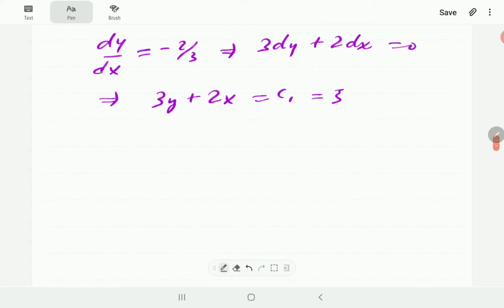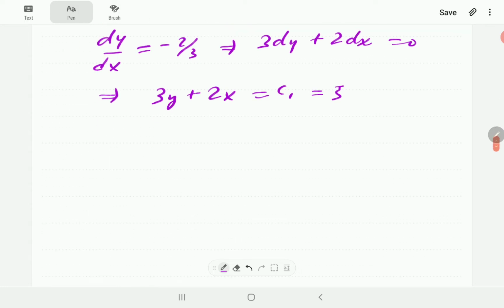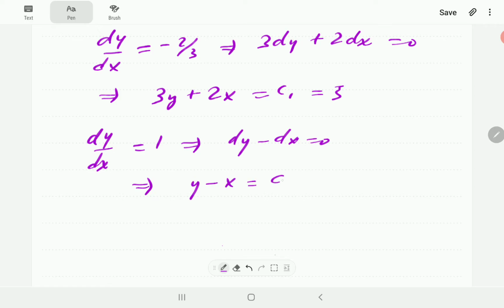So this is going to be our first canonical variable or coordinate, xi. Then the other one, dy/dx is equal to 1. This one tells us that dy minus dx is 0. And so y minus x equal to c2 is eta.